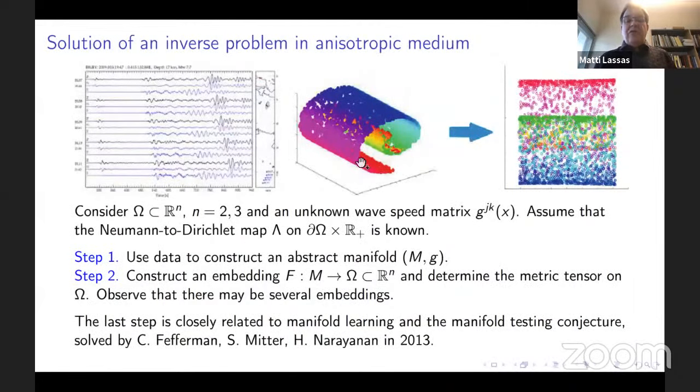Actually, considering this type of abstract manifold and embedding it into a low dimensional space is very closely related to manifold learning and the famous manifold testing conjecture that was solved by Fefferman, Mitter and Narayanan. Narayanan is actually from Amber. So this is also related to this kind of learning.